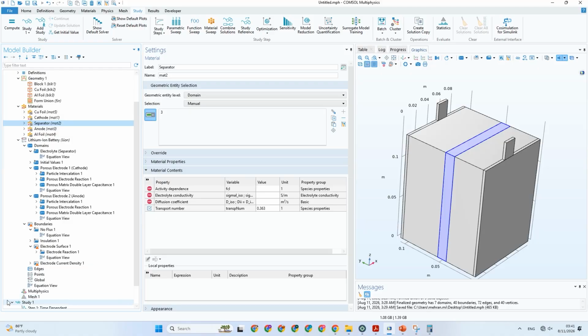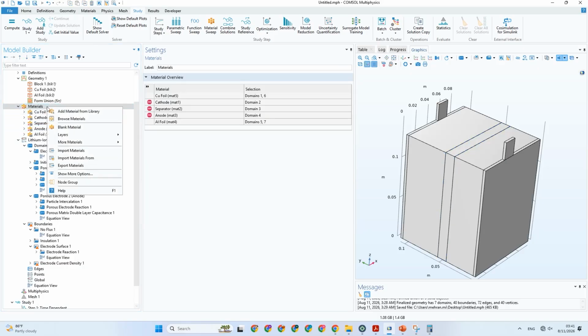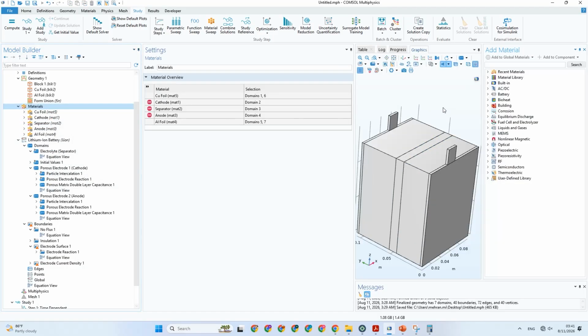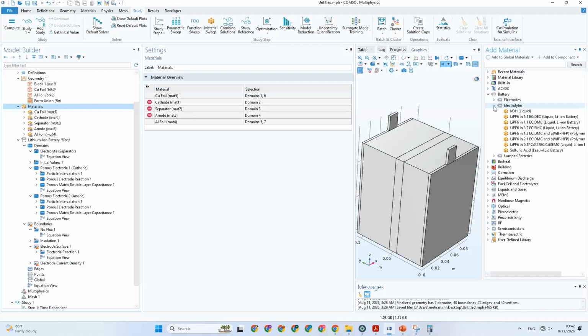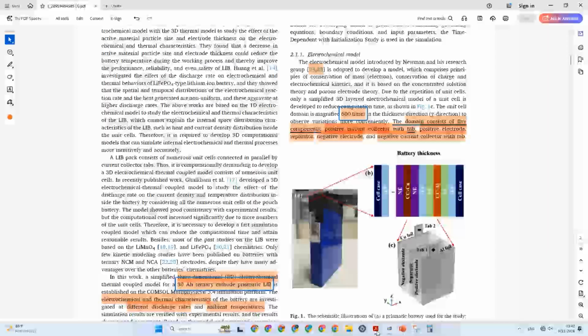Just let me search it and find some material. For example, for battery, we have some electrodes or electrolytes. We can choose LiPF6, for example. I don't know. Let me check in the paper.